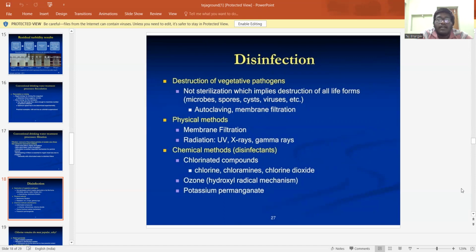Chemical methods use disinfectants, chlorinated compounds, chlorine, chloramines, chlorine dioxide, ozone with a hydroxyl radical mechanism, and potassium permanganate.